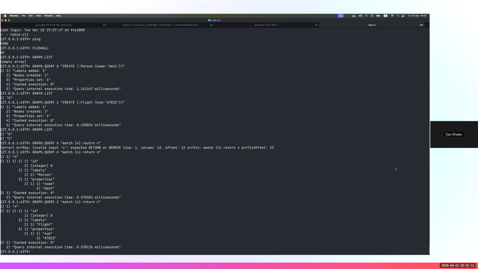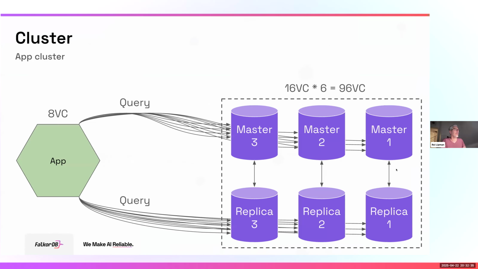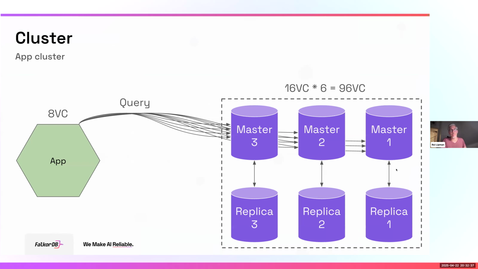There's a follow-up here. Is there full isolation between the masters and the replicas? And the clarification that was given here, meaning if I run a query, is it affecting communication with other masters and replicas? No. So yes, there is full isolation between the master and the replica. Usually those are different machines.